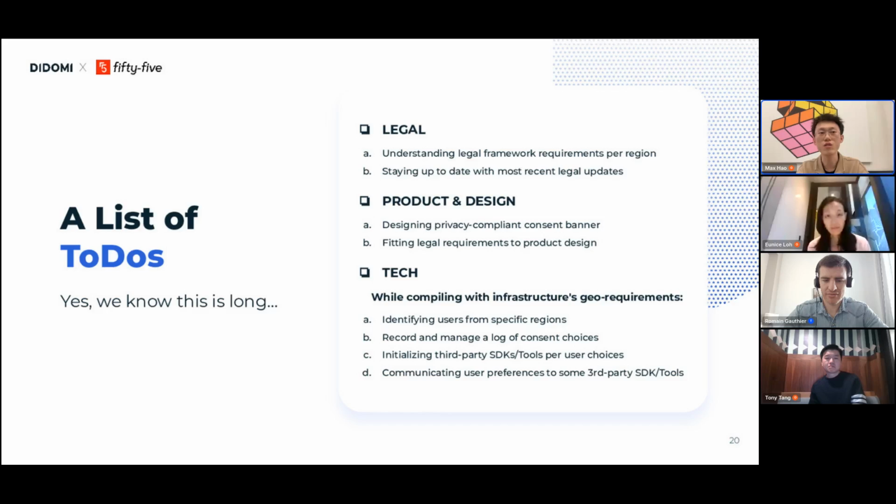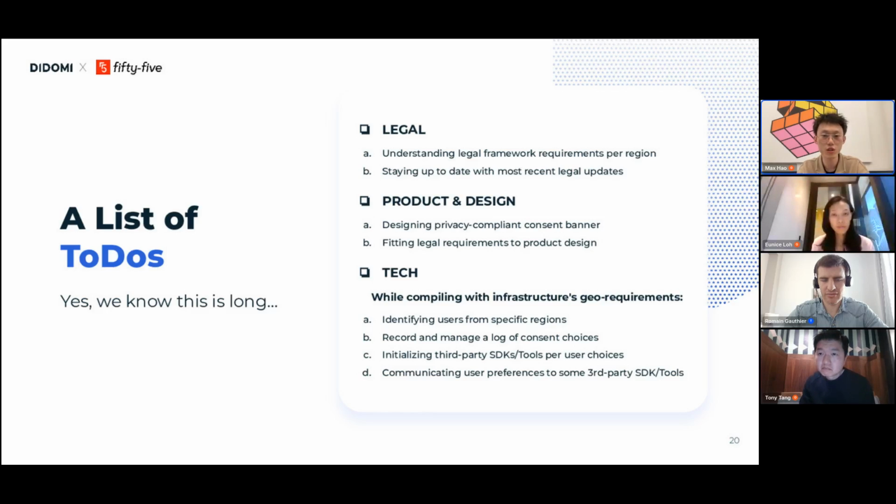And you can see it's not really a purely technical problem. It's actually a multi-team effort. On the legal side, you'll need to understand the legal frameworks that apply to your region, especially your audience's region. And you also need to stay up to date with the most common and most recent legal updates.